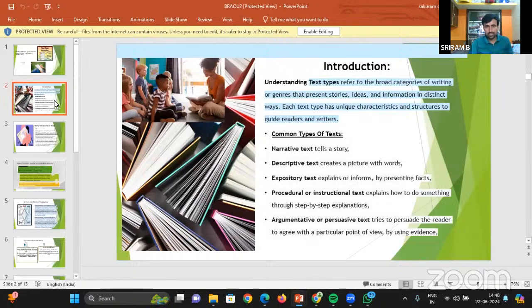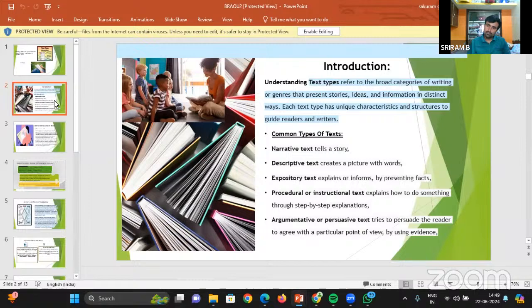Introduction. Understanding text types refers to the broad categories of writing or genres that present stories, ideas, and information in distinct ways. Each text type has unique characteristics and structures to guide readers and writers. Common types of text: narrative text tells a story. Descriptive text creates a picture with words.